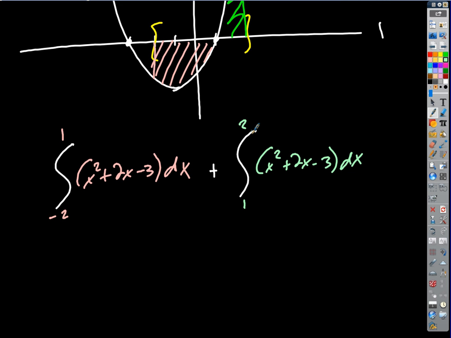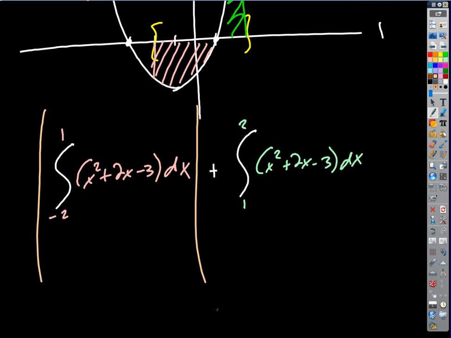So I'm going to get a negative answer if I do this one because the area is under the curve. How do I ensure that it's positive? Absolute value. Right. So all I've got to do is encapsulate the whole thing with absolute value bars. Whatever answer I get, I'll make it positive that way.